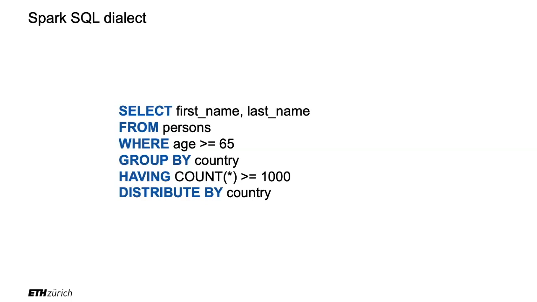This creates the partitions. This is basically saying, please repartition my data frame in such a way that each country, all the same countries are in the same partition. Right, so France is all in that partition, Germany is all in that partition, India is all in that partition, and so on and so on. Okay, so this is distribute by, and you can use both distribute by and sort by. Distribute by and sort by can be shortcut as cluster by. Cluster by is kind of an unfinished order by, right?